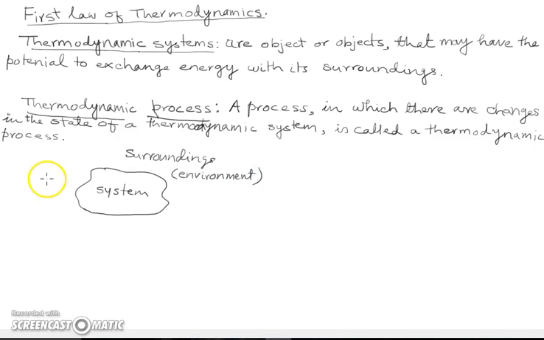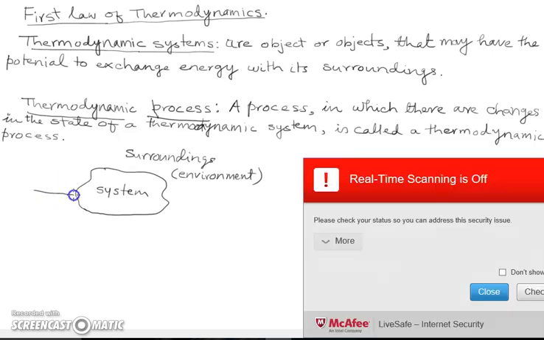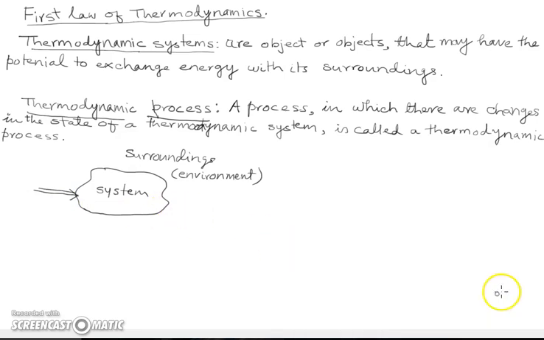So a couple of things we need to do. Let's say I supply thermal energy to the system, so let's say Q is the thermal energy supplied to the system, and there's work done by the system. So the system does the work.